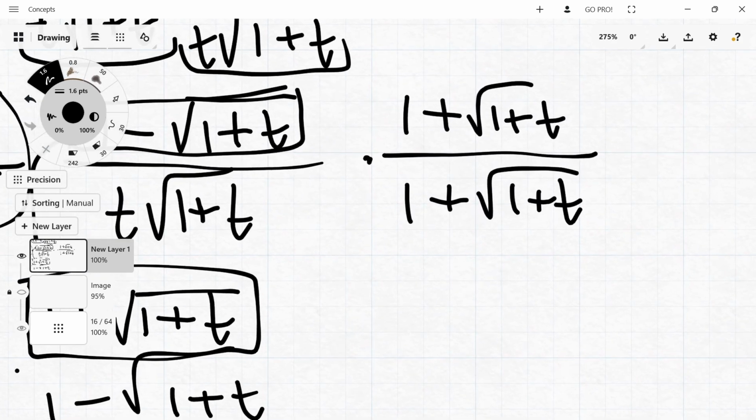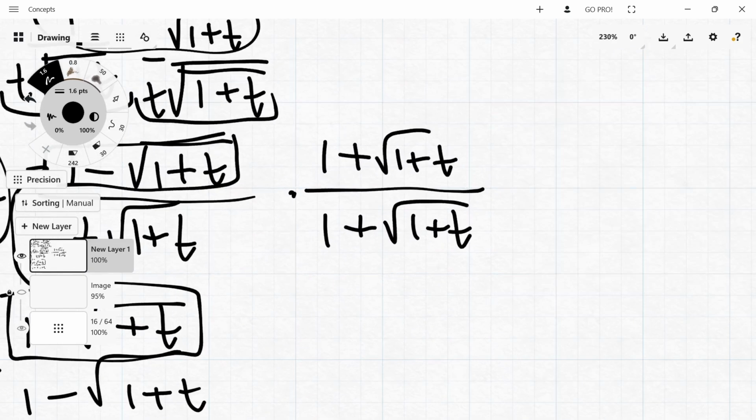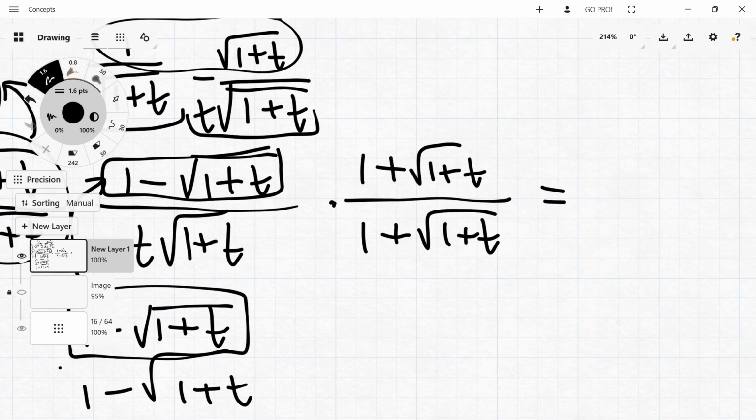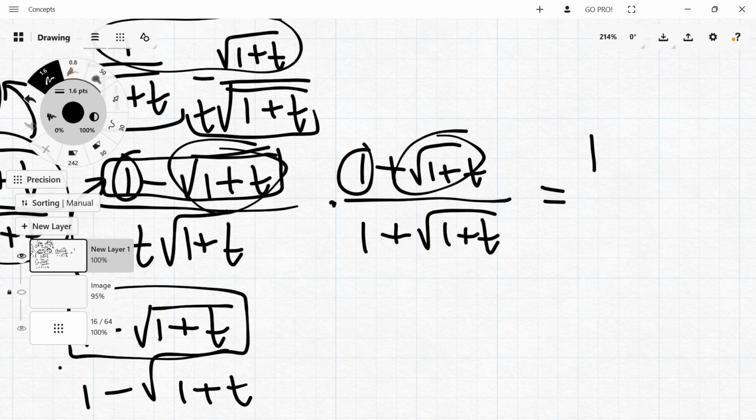So when you do this, it's going to be a little bit crazy at the beginning. But basically, when you multiply this out, one times 1 is 1. And since these are both roots being multiplied by each other, you get rid of the root.